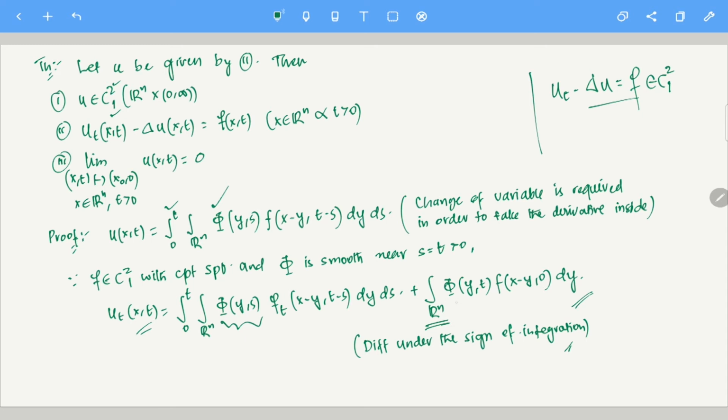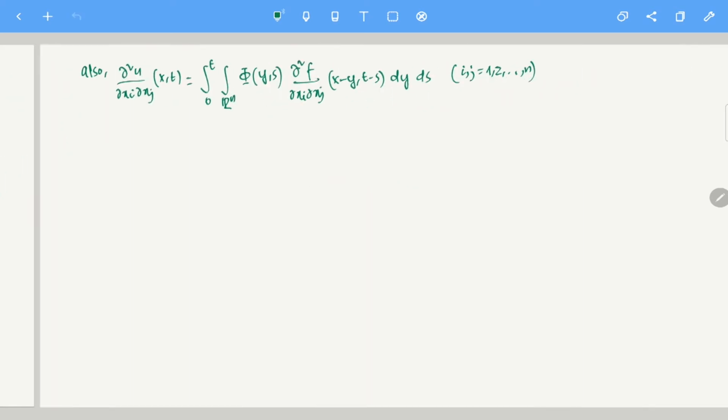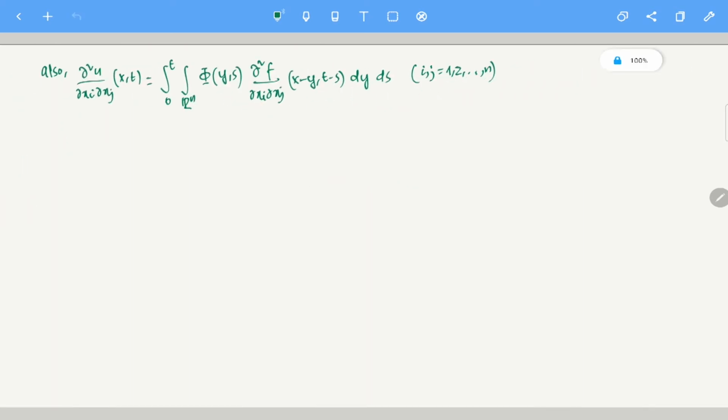There will be a boundary term, right? But what is happening is this. After you have this boundary term, if you differentiate it twice, so u_{x_i x_j}, then this boundary term vanishes. So that is why there is no boundary term here. So please verify that. Clear? Okay, please verify this.